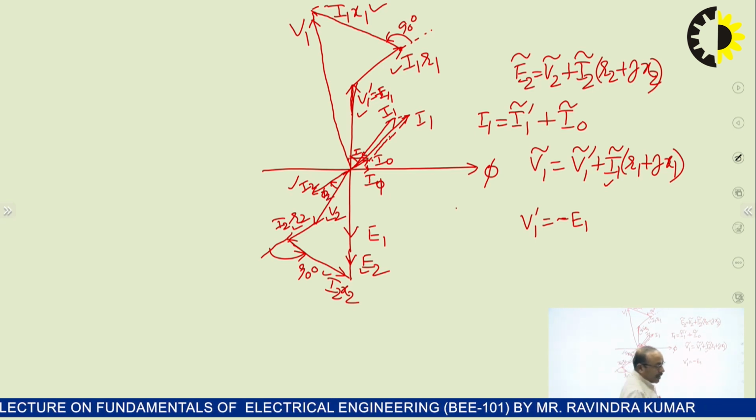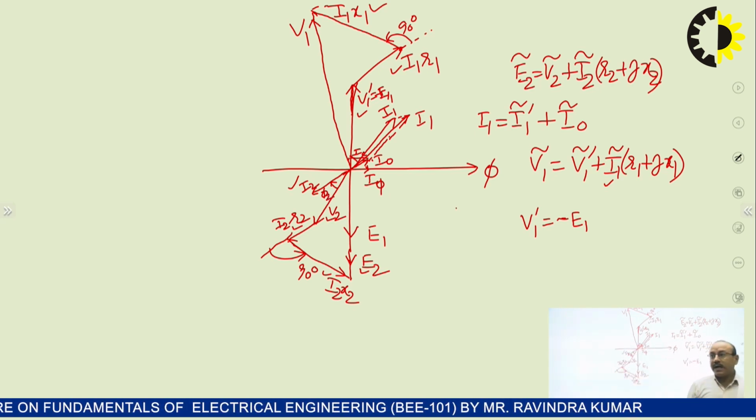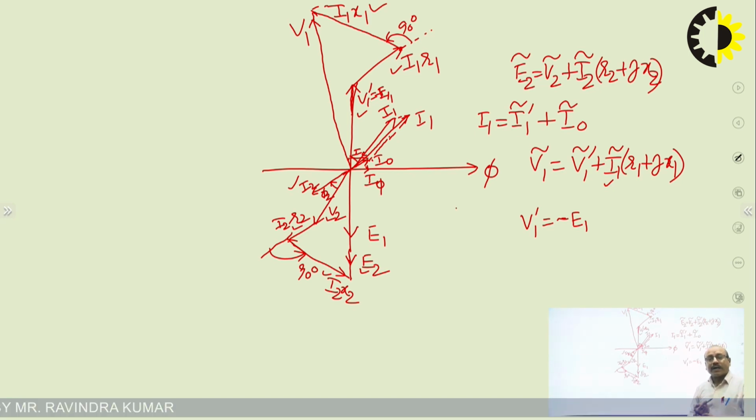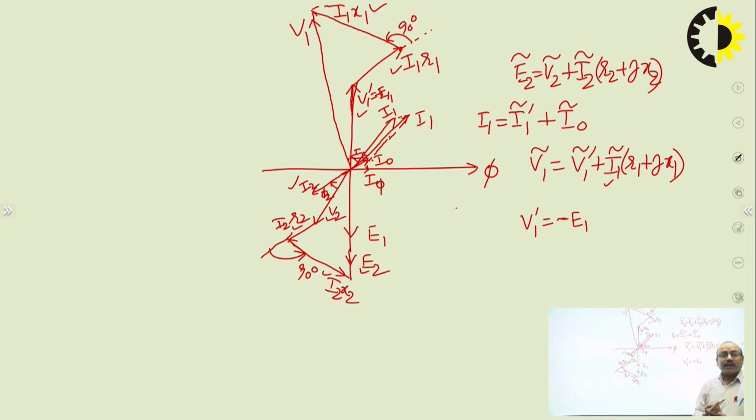In that case the load current I2 will be leading the load voltage V2, and accordingly we will repeat these steps, with some shifting of the different voltages and currents, when the load current I2 leads the load voltage V2, in case a leading power factor load is connected across the secondary of the transformer.